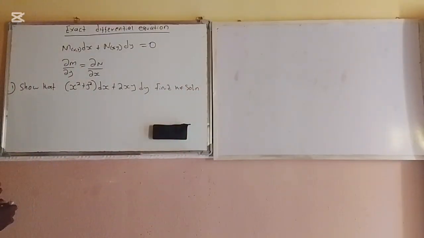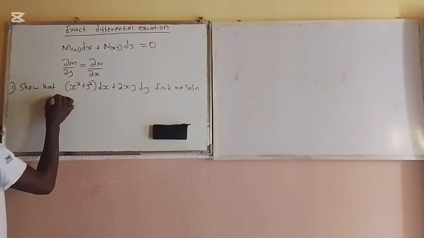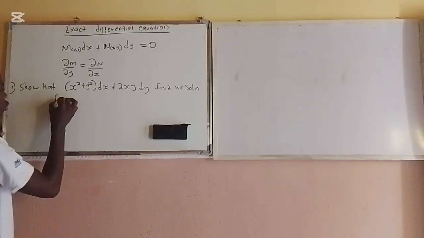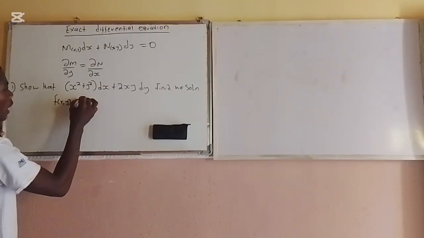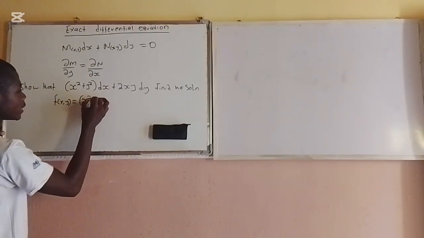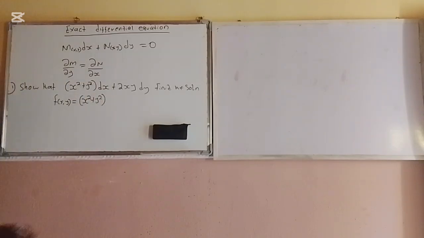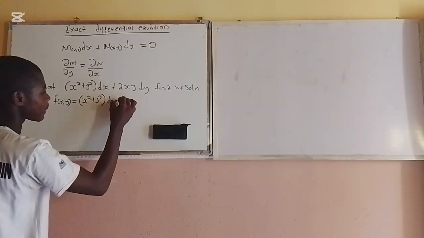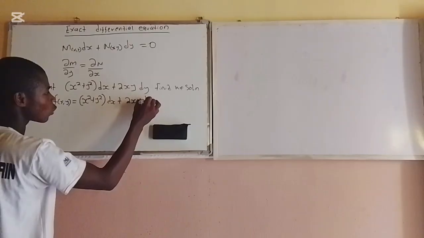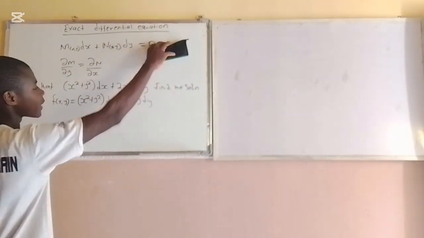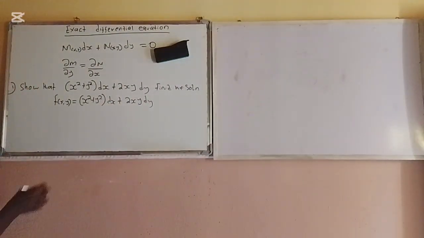So for the equation to be exact, let's say the function of x and y equals (x squared plus y squared) dx plus 2xy dy. So I have to take a look at this.